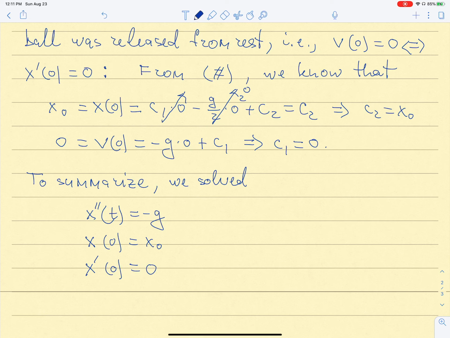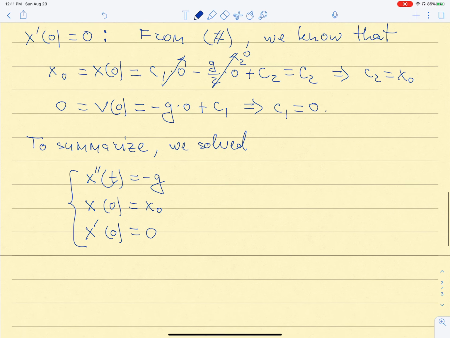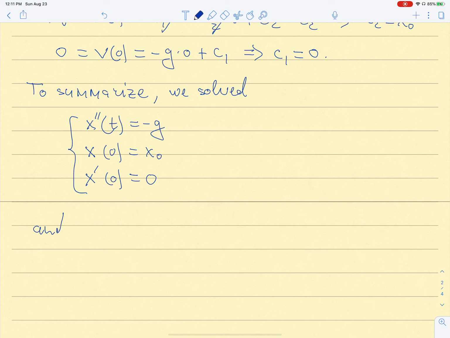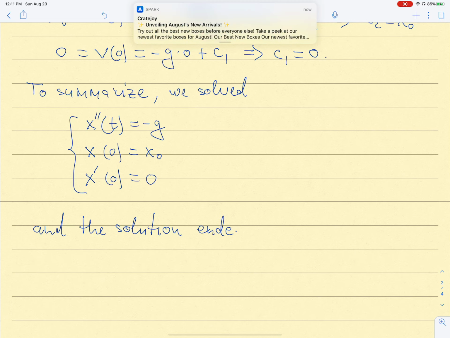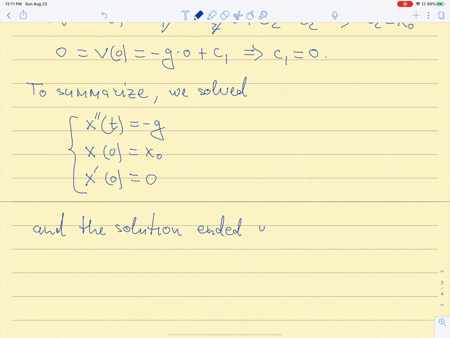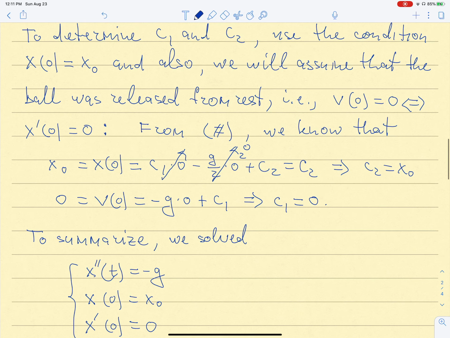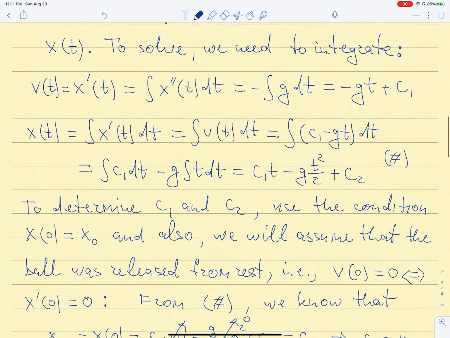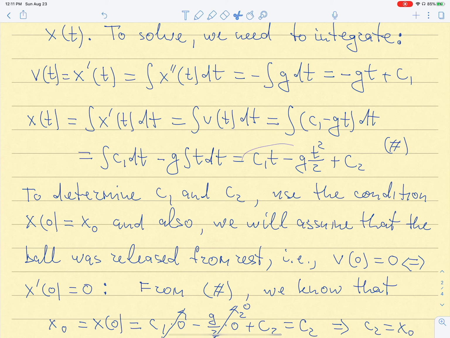That's a condition of rest. So we solve the problem like this, and the solution ended up being the expression for x of t here. And we determined that c2 is equal to x0 and c1 is equal to 0.